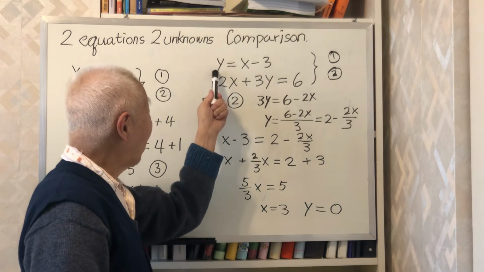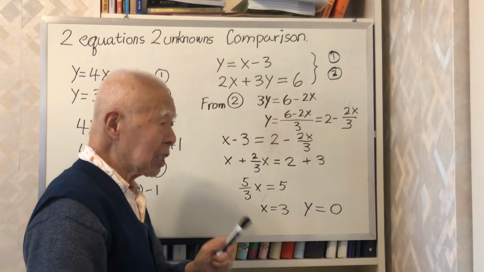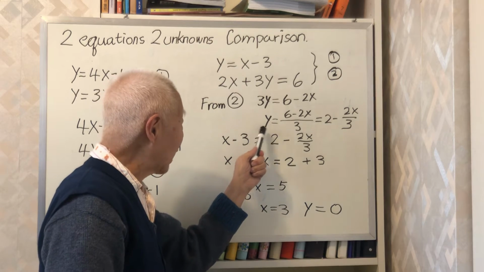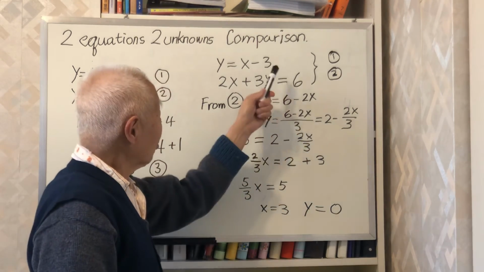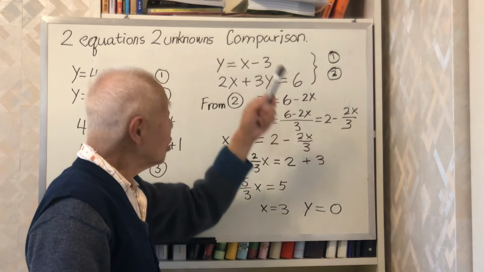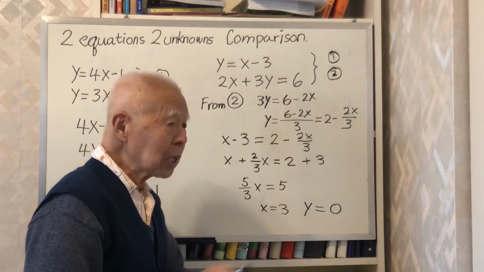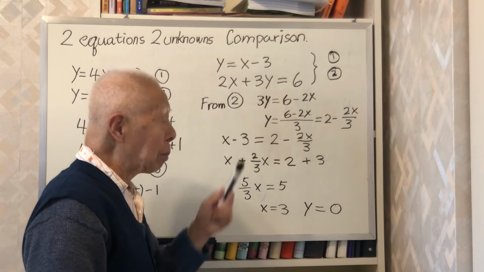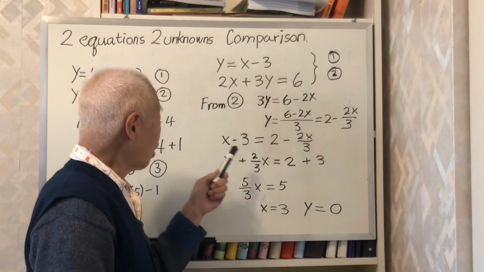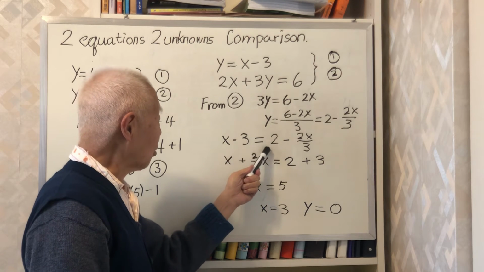Once I have y equals something, and another equation is also y equals something, then I can compare the right-hand sides. The two right-hand sides must equal each other because the left-hand sides are both y. So I have this. Compare the right-hand side.